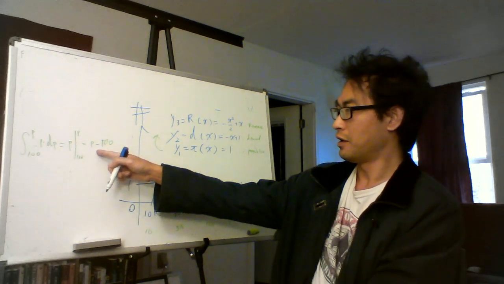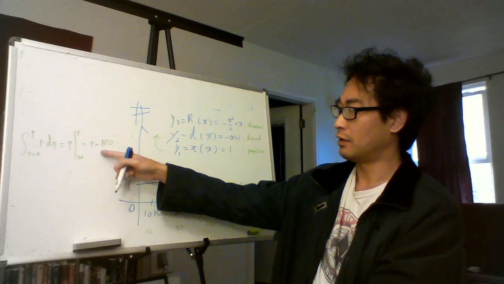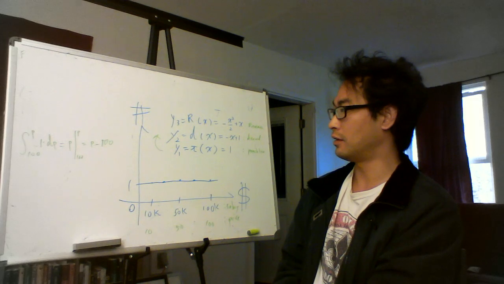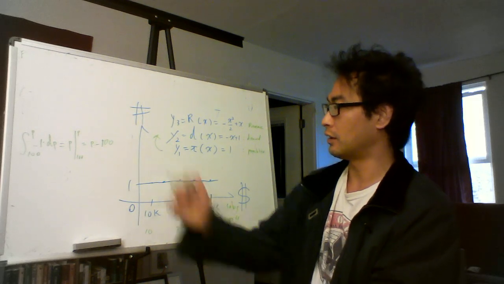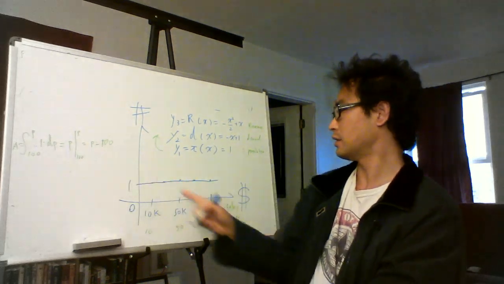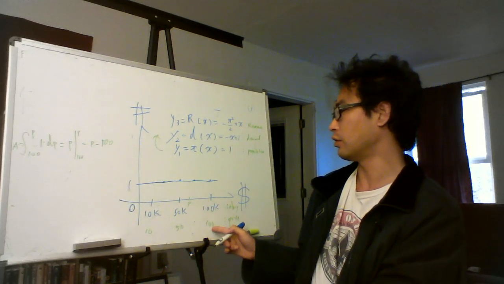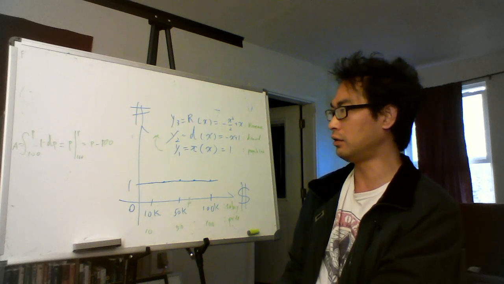Because p, if you recall, let's say this is area A, and p is somewhere here. So p is less than 100.